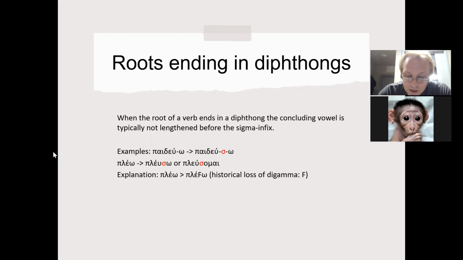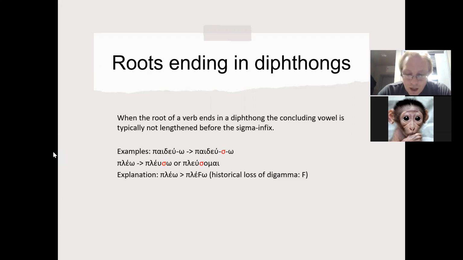This letter was once the sixth letter of the Greek alphabet, and it was called digamma because it looked like two gammas, and it was pronounced like a w sound. So accordingly, the present active indicative pleo was once pleuo, and this original semi-diphthong-like sound is then maintained in the future forms of the verb, also in the classical age.